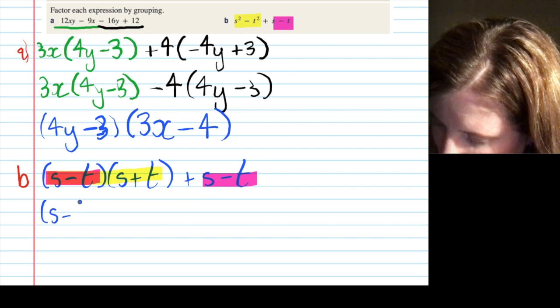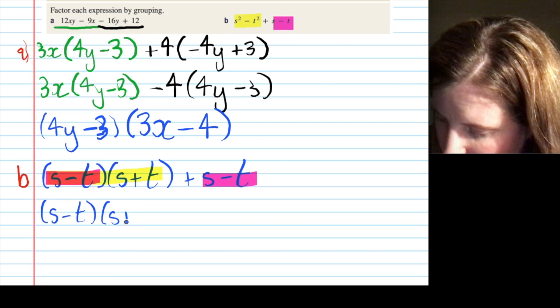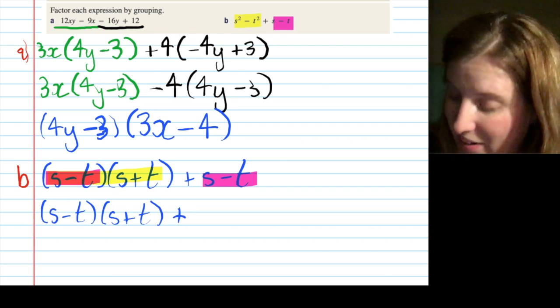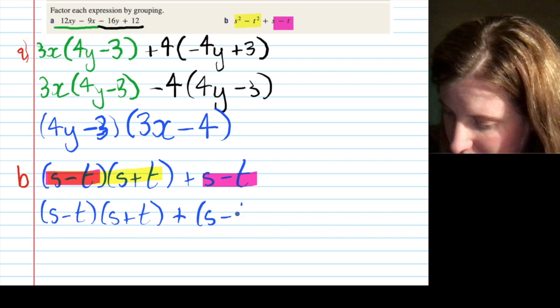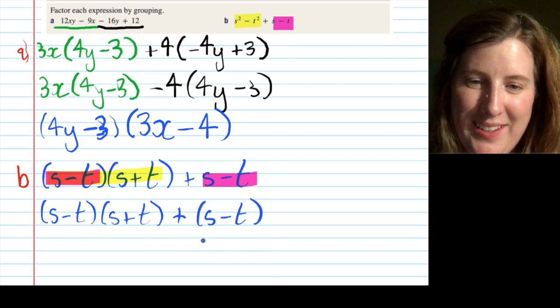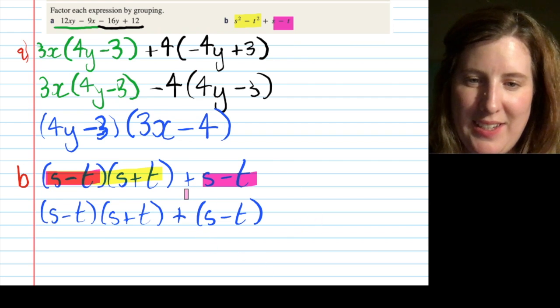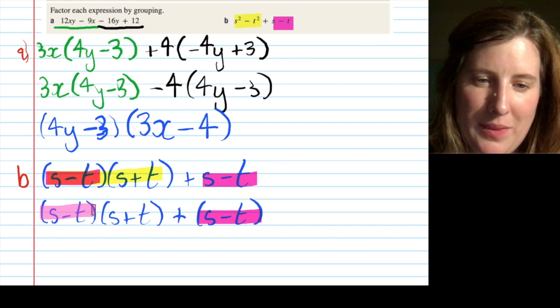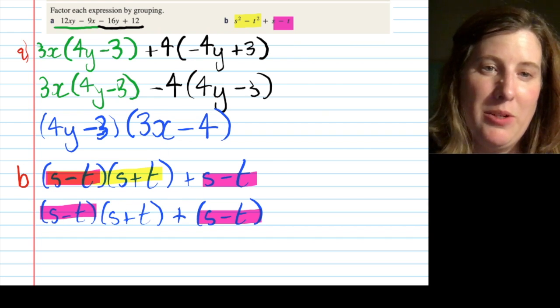I've got my s take t, s plus t, plus, I'm just going to write this second one in brackets, which I can do, because now I'm recognizing that I've actually got this s take t here and here. And there's a 1 hiding out the front of there. I'm going to write that in.